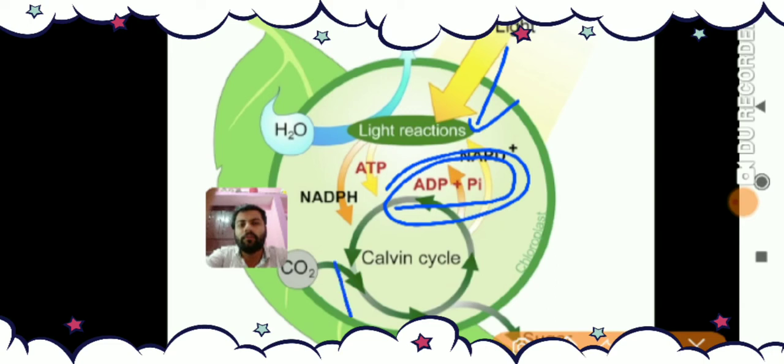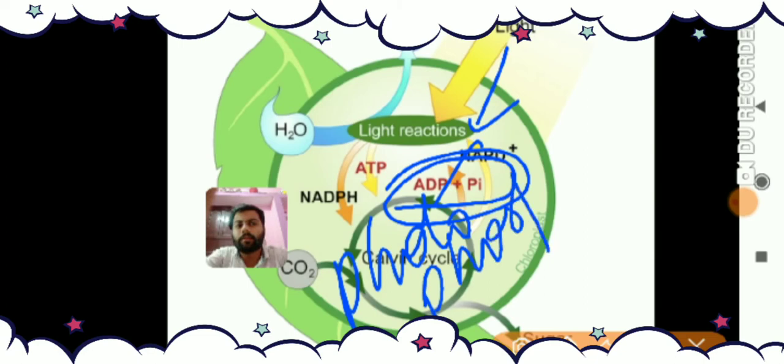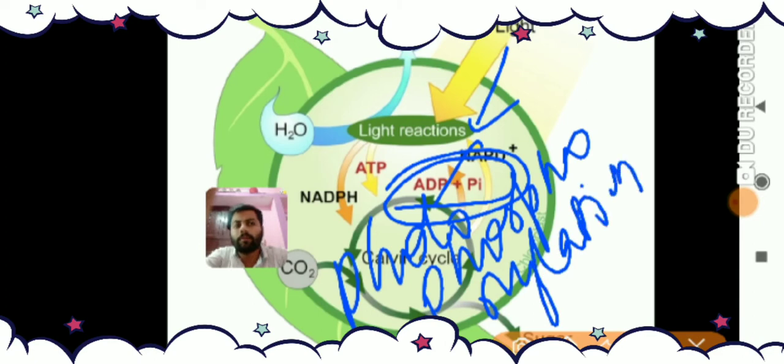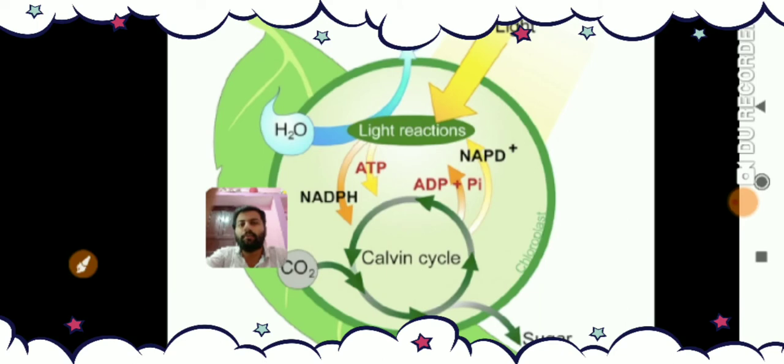Photophosphorylation. Now the third point is reduction of NADP into NADPH2.